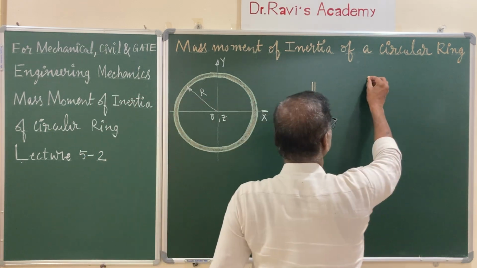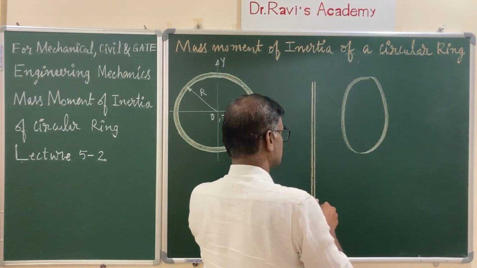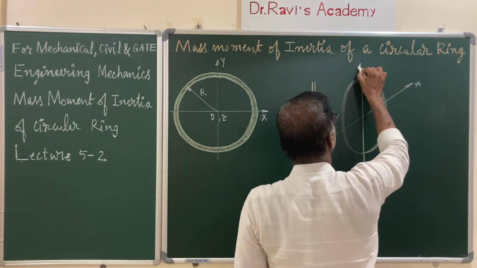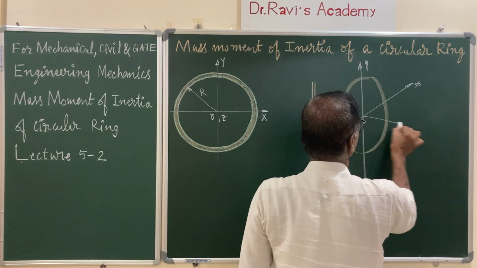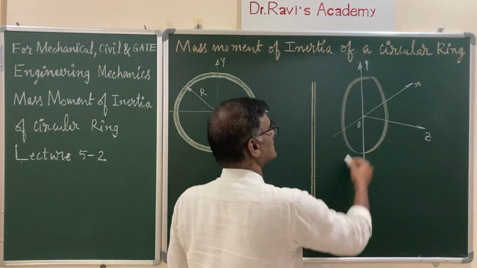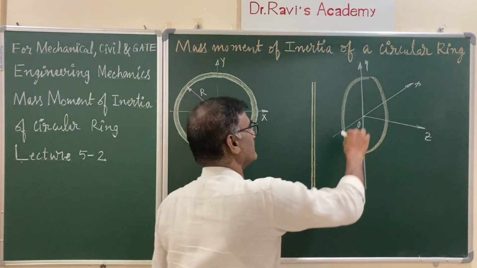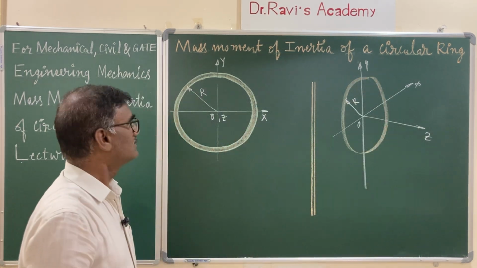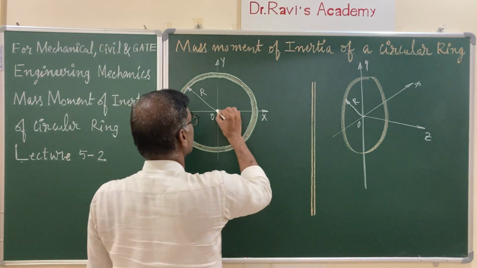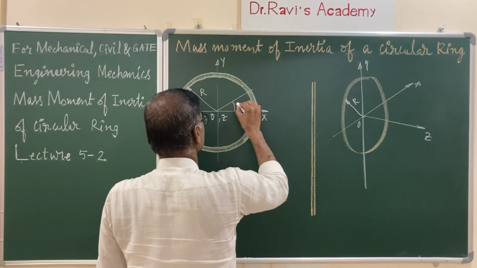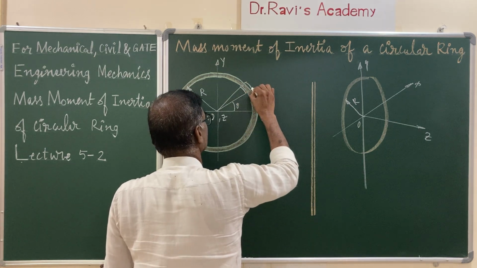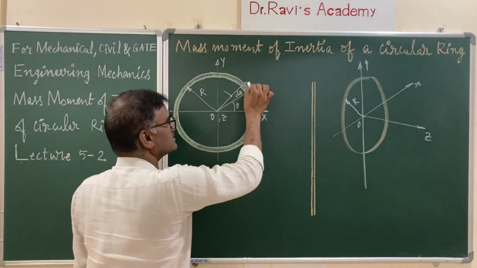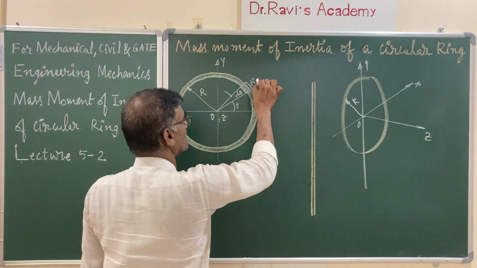Now you can see that it is something like this. Let us say it is the x-axis, it is the y-axis, origin, and this is the z-axis. You can see that it is having a radius of r, right? For this, let us select an element at an angle theta, and this included angle is d theta, and the radius is r, so this length becomes r d theta.